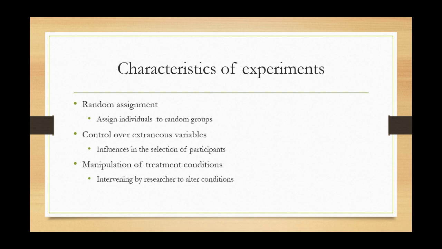So as a researcher, you will assign individuals to groups, but the most rigorous approach is to do that assignment randomly. So the most rigorous approach is to randomly assign these individuals to treatments. By random assignment, we mean the process of assigning individuals at random to the different groups in an experiment.